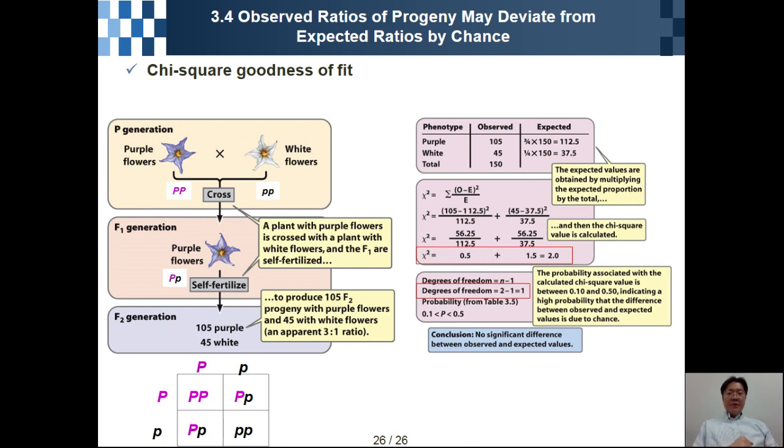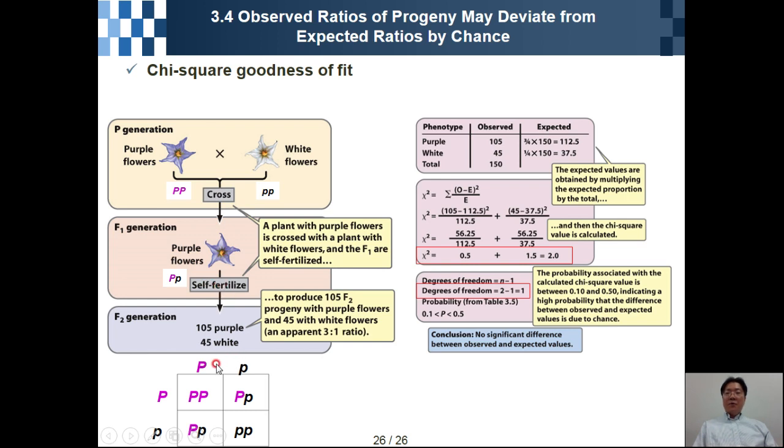In the parent generation, we crossed homozygous plants: the purple flower, which has the homozygous dominant genotype, with the white flower, which has the genotype small pp. The large P is dominant over small p. So the F1 generation is all purple. After that, we did self-fertilization.